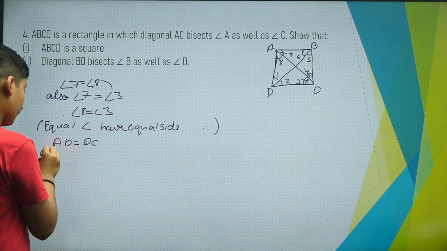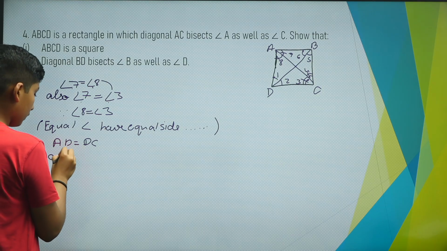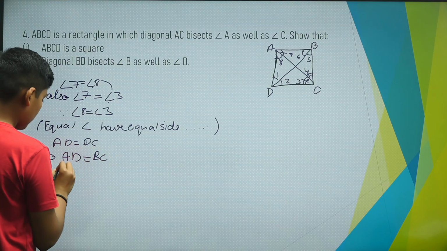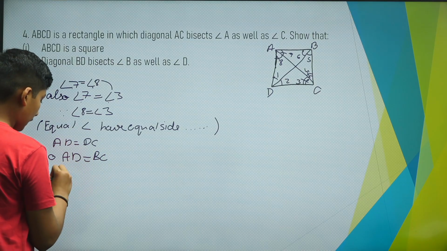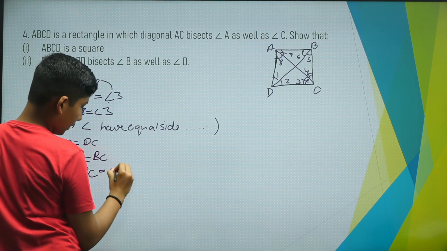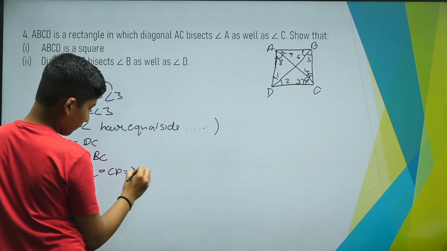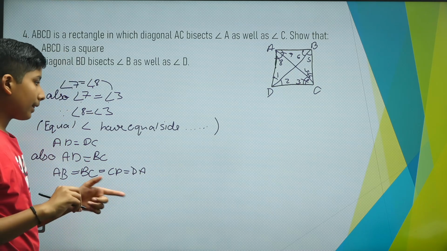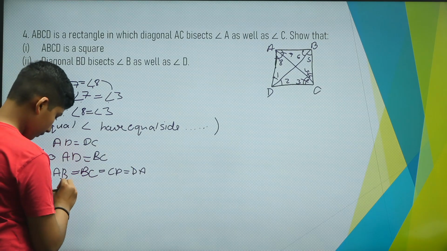Also AD equals BC. So AB equals BC equals CD equals DA. Therefore, since all the sides are equal, we can say that ABCD is a square.